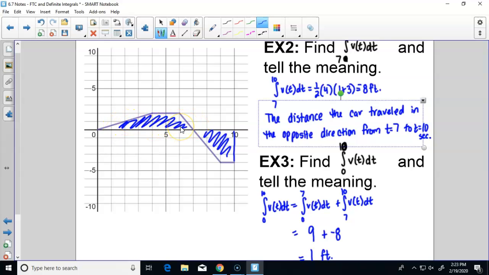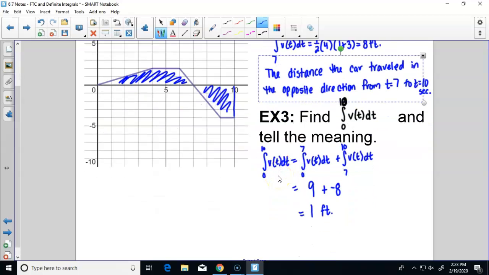So since it was always traveling in the positive direction, the distance that it went, its displacement was just how far it went, right? And from 7 to 10, it was always going in the negative direction. So I could just say that was the distance that it traveled. But for number 3, I cannot because it went in the positive direction and the negative direction.